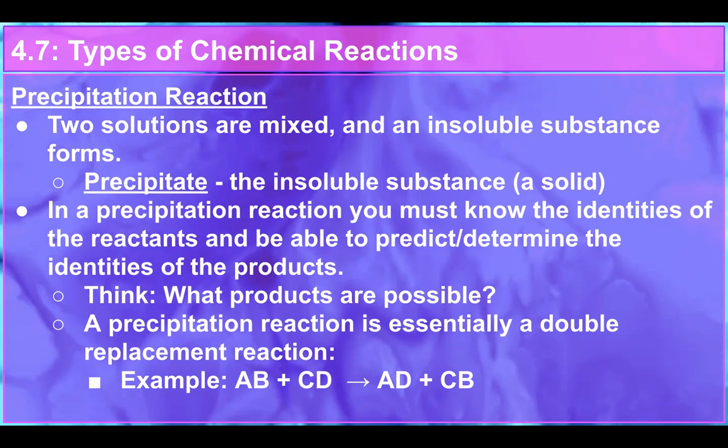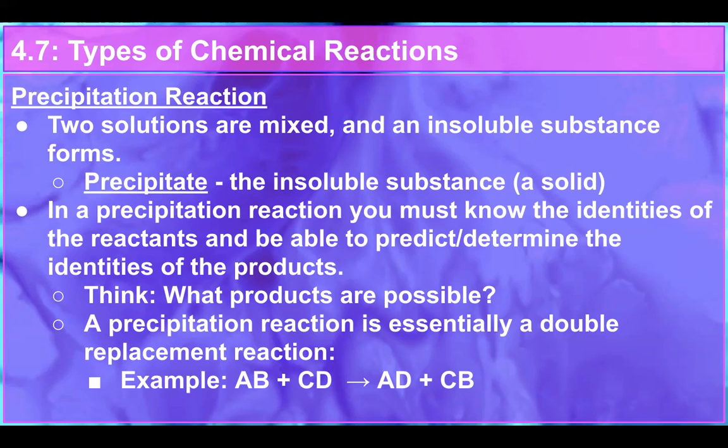It is the thing that is insoluble, that if we were to have this solid and try to mix it in with water, it would not mix. Okay, so basically a combination of those ions are going to come together. They're going to like each other a bit more than each of them likes the water molecules themselves. So they will come together, form that solid, and then precipitate out.